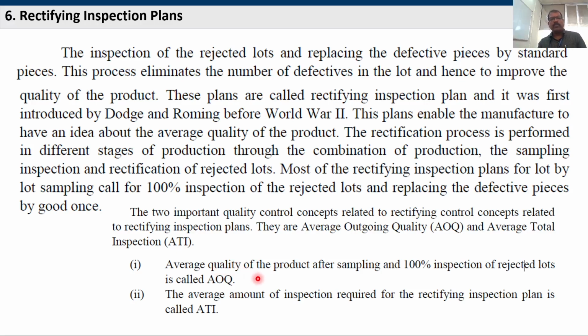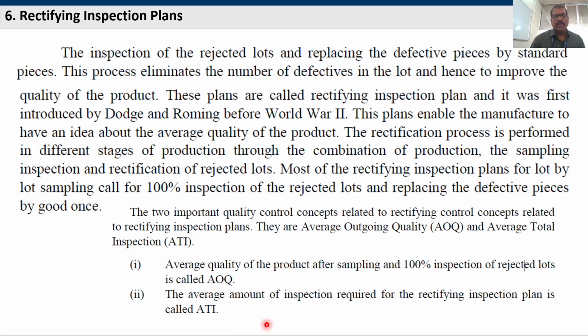So the average quality of product after sampling and 100% inspection of rejected lots is called AOQ. What is AOQ? Average outgoing quality.